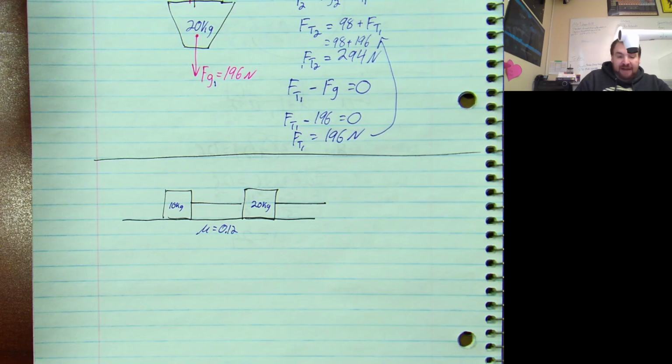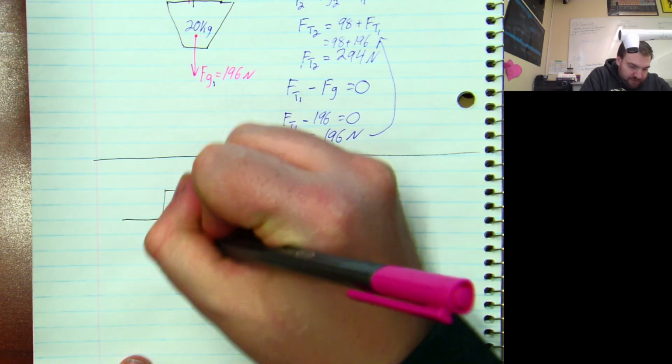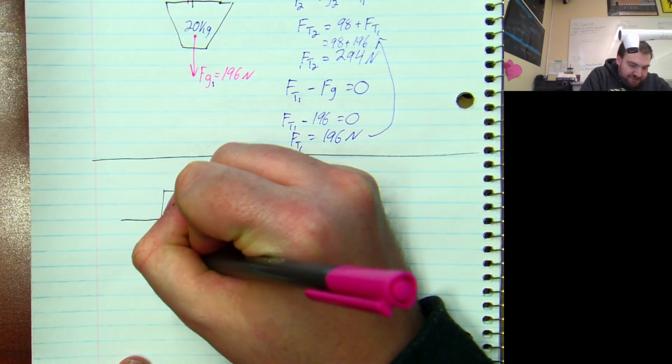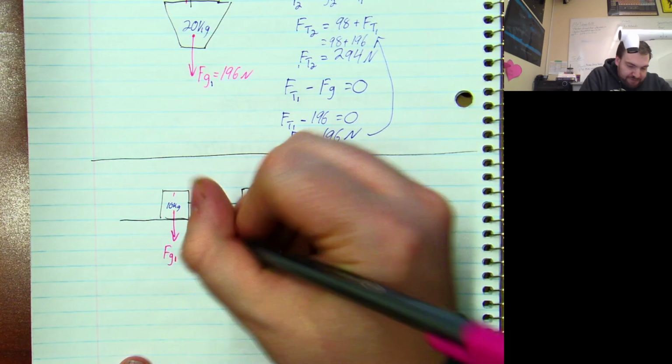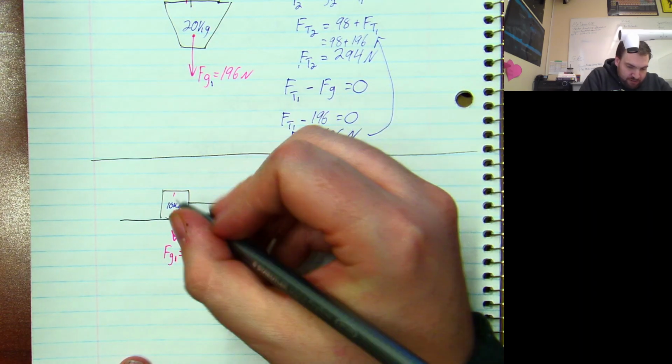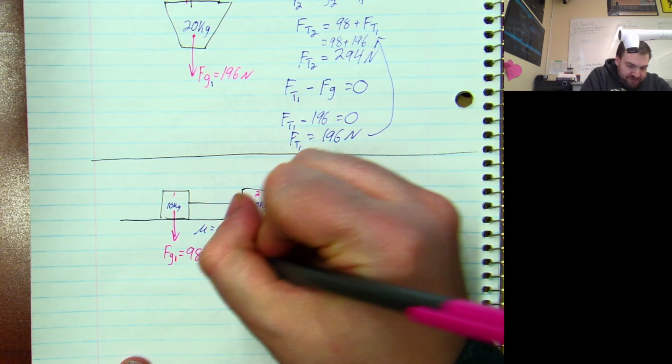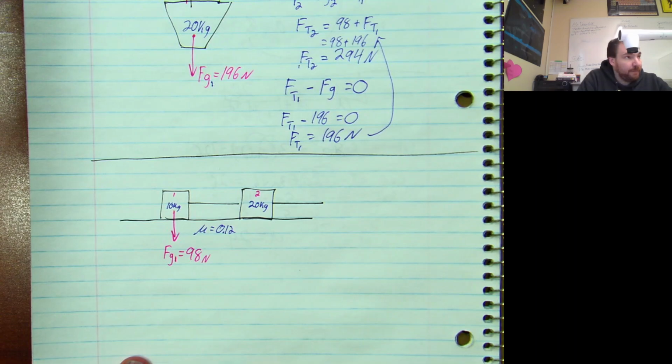So what forces are acting on our objects? Gravity is acting downwards on both. I'm going to call this FG. I'll call this block 1. I'm going to call this block 2. So FG1 is going to equal 98 newtons. What other forces are acting?